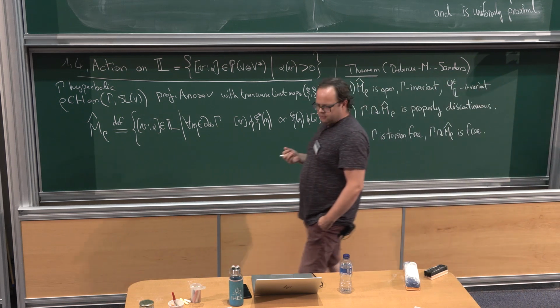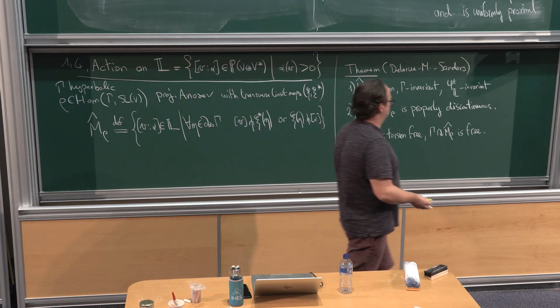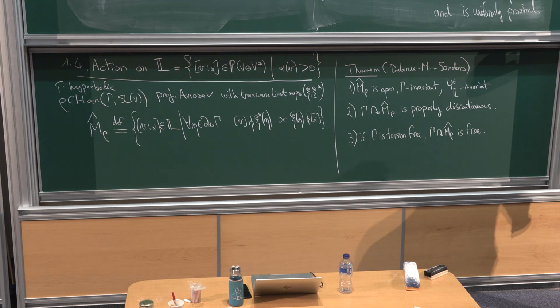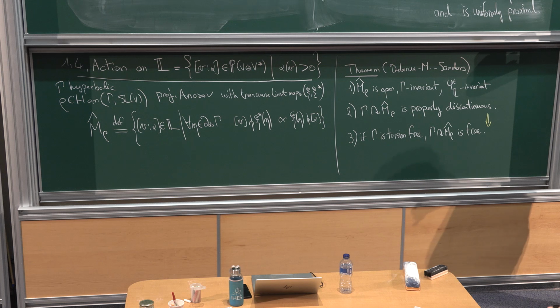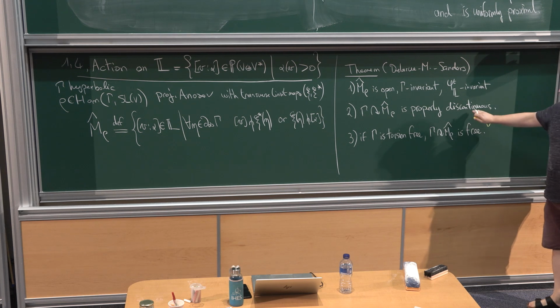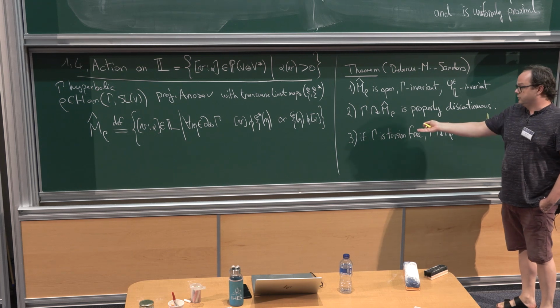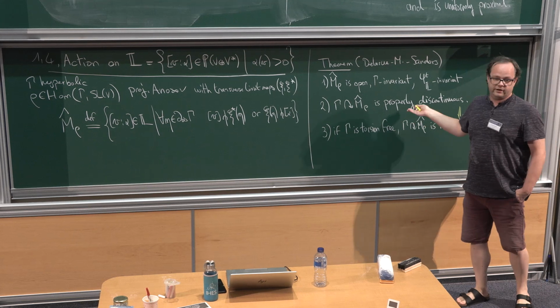Okay, so first of all, we're not going to spend much time on items 1 and 3, because the fact that 2 implies 3 is pretty straightforward. If you have a properly discontinuous action, you'll have finite stabilizers, and if they're torsion-free, then they have to be trivial.